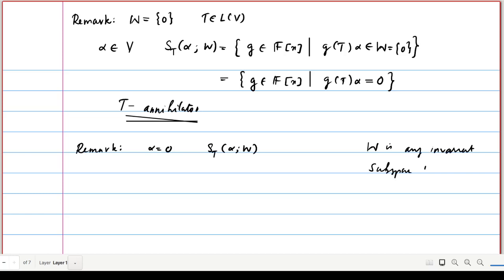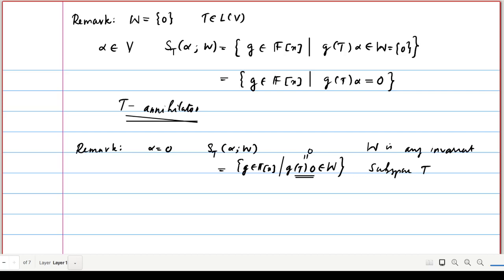In this case alpha is 0, so this collects all the polynomials g in F[x] such that g(T)(alpha) is 0, so that belongs to W. We know that g(T)(alpha) is always 0 in this case because the image of 0 is 0 under any linear operator.